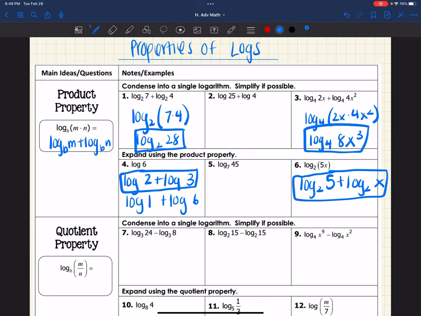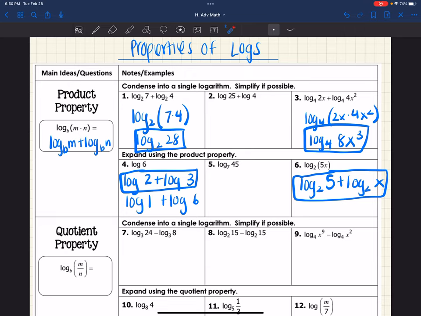Because the log base 2 of 5 and log base 2 of x are being added together, this tells me to multiply this 5 times this x, which simplifies down to 5x. Okay, so that one is the product property.